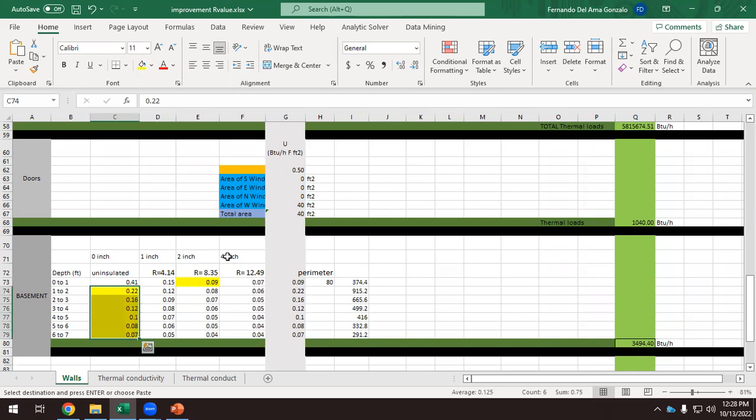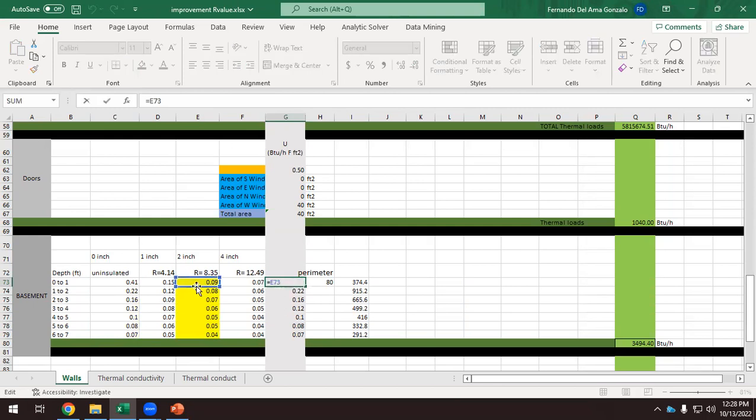If we add 2 more inches, well, probably we can take all these values from this column. Some of you have already done it, but now we are taking all the values from this column. This is E, so it's this column.